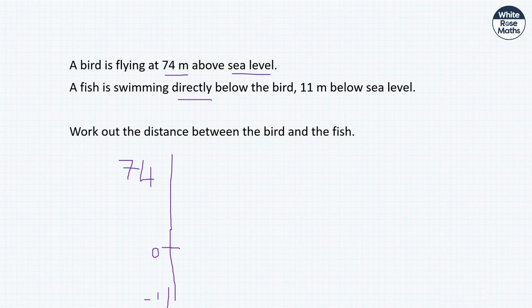To work out the distance, I'm going to do 74 subtract negative 11. That'll be 74 add 11, because the two negative signs change the sign to a positive. 74 plus 11 will be 85.